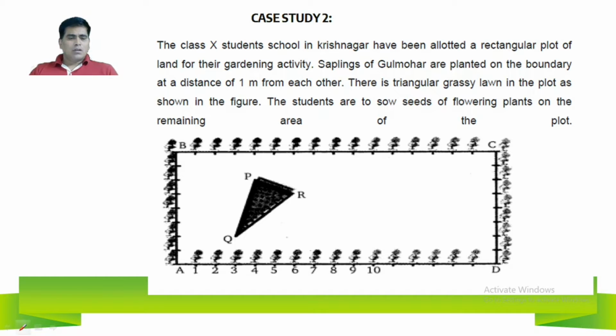So, some points to be noted here. This is clearly the gardening activity given for class 10th students. The saplings are maintained at a distance of 1 meter from each other. This is very important to note.